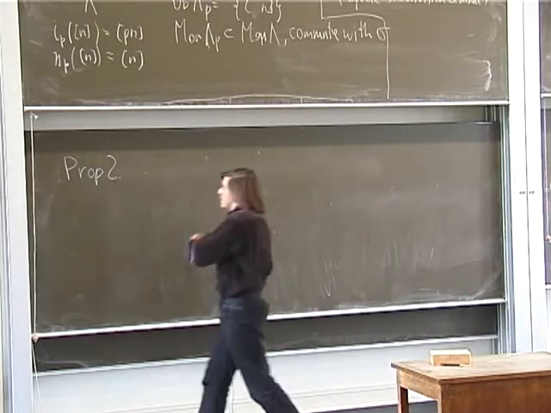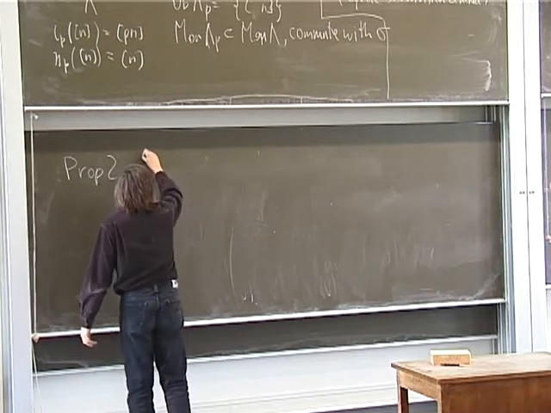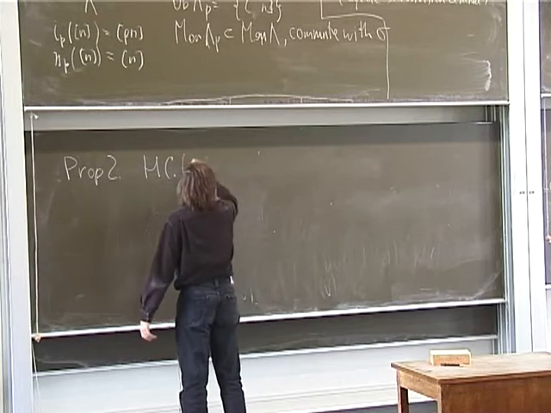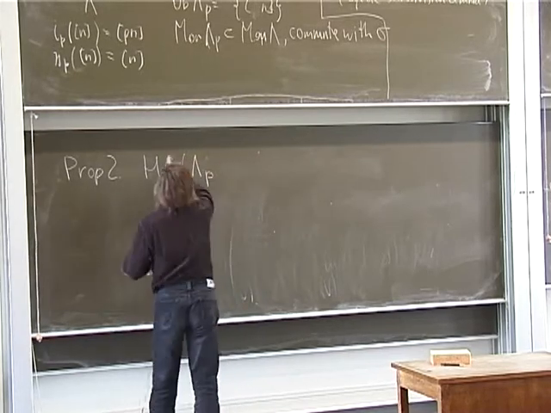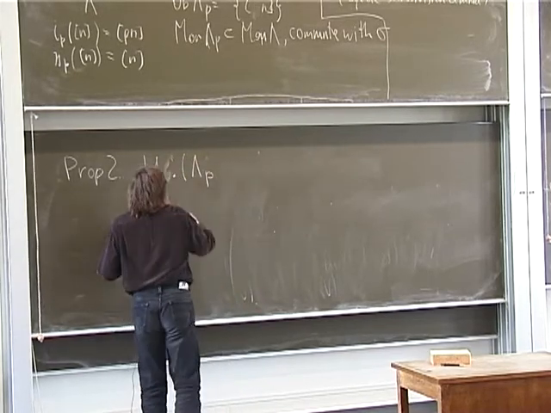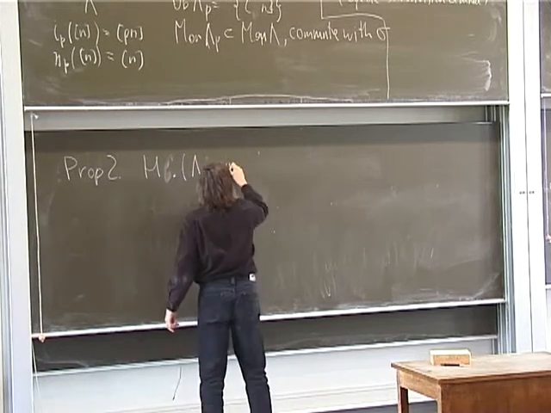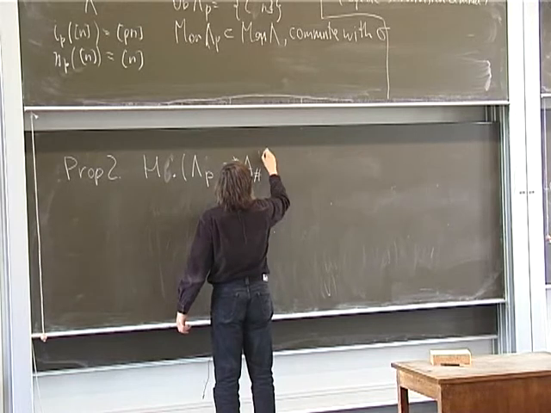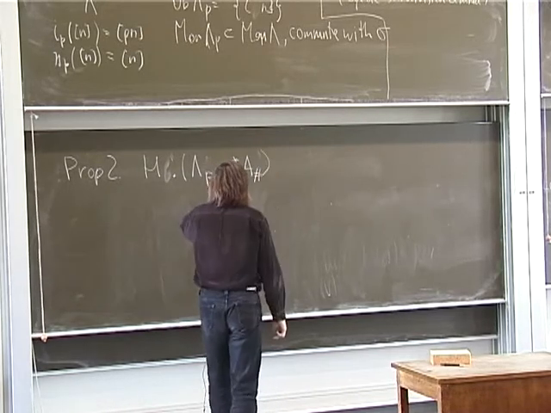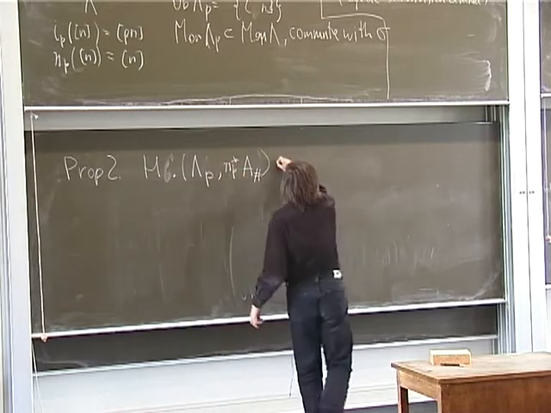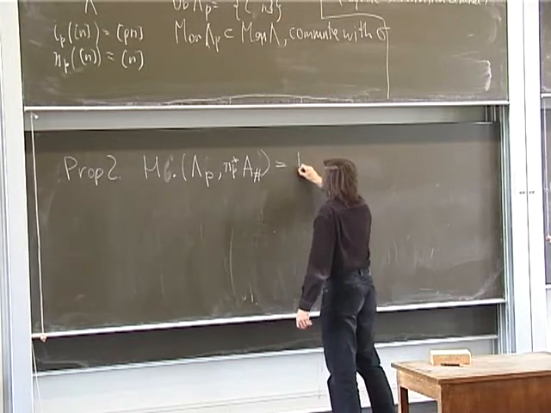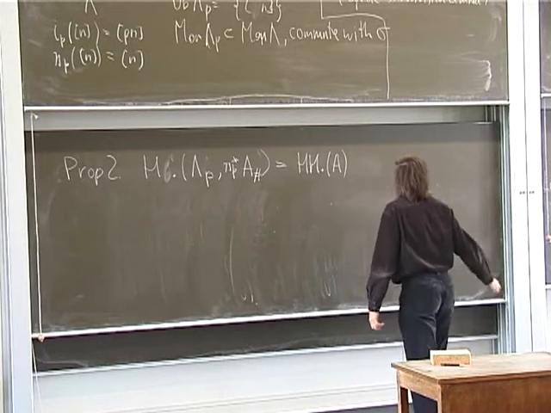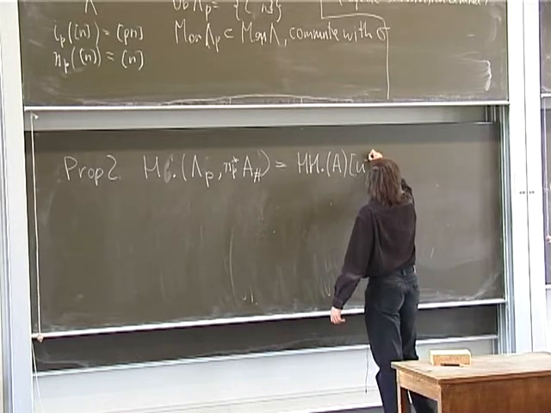And proposition 2 says what we obtain if we take our object A hash, take just homology, and pull it back by means of the projection. And the answer is that this is just Hochschild homology of A iterated many times.